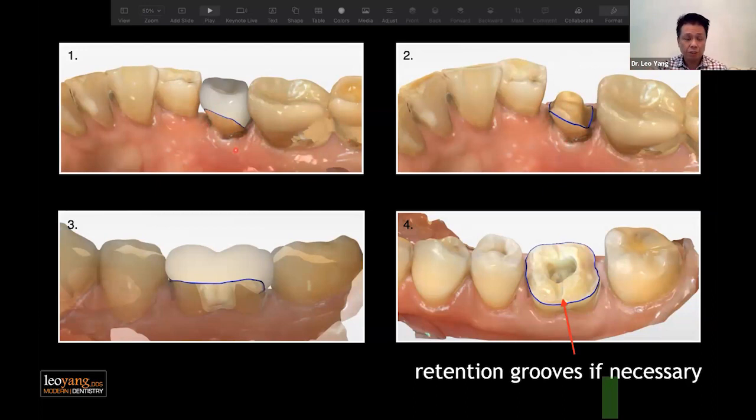Number two, it's much easier for you to cement because you don't have to deal with blood and saliva. Number three is that it's easier for you to clean. Number four, it's also easier for your patients to clean. So I just feel like, you know what, if we can maintain that supragingival preparation, think about other benefits.